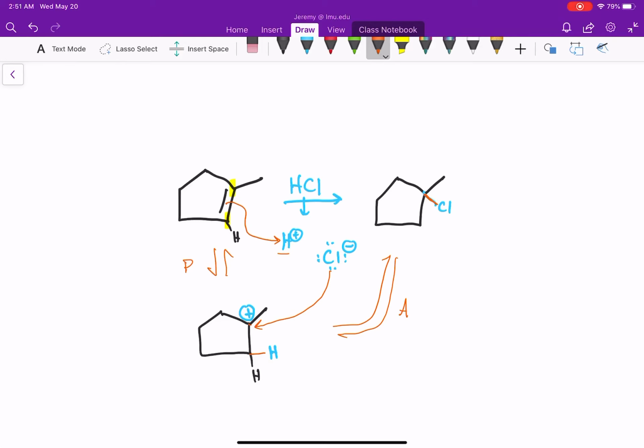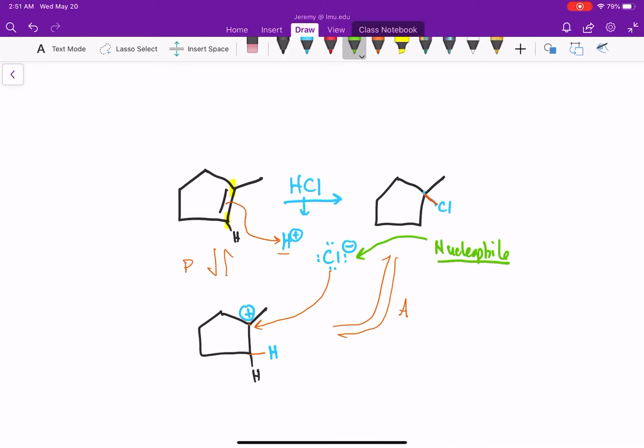A couple terms I want you to be familiar with, right? When I use this term attack, this is a term I use to help students. It's not a formal term used by organic chemists. The species that has electrons and is forming the new bond is called the nucleophile. So here the chloride anion is our nucleophile.